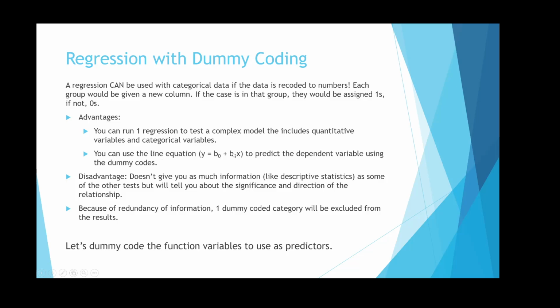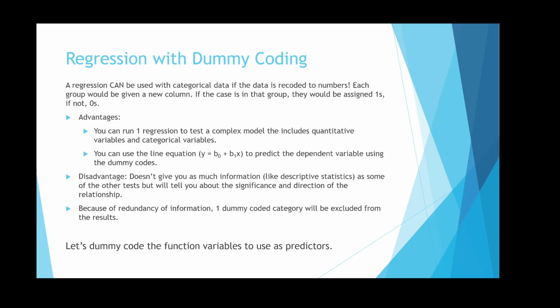You can also use the line equation to predict our dependent variable using those dummy codes. A disadvantage of this is that it doesn't give you as much information, like some descriptive statistics like some other tests would, but it will tell you if there is a relationship between the variables and it will allow you to predict. So that's a big advantage.